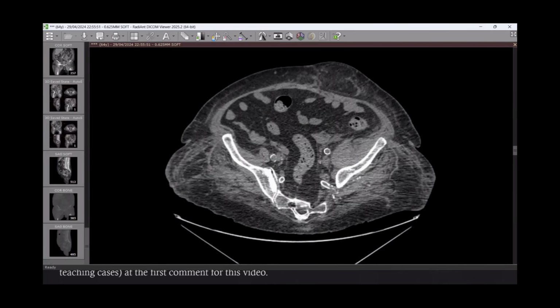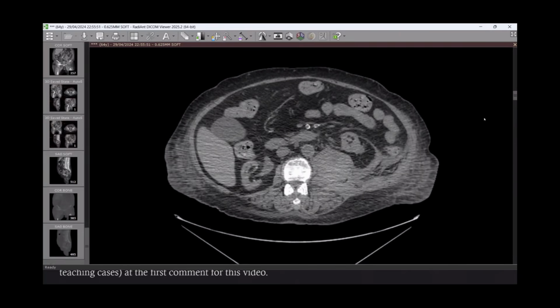Let's focus on this area. Can you give me more details? You told me that the left iliopsoas muscle is markedly swollen. It is markedly swollen, and there is also anterior displacement of the left kidney and perinephric fat. There is also smudging of the fat planes at the posterior abdominal wall muscles.